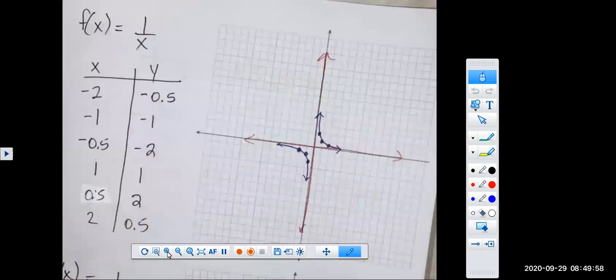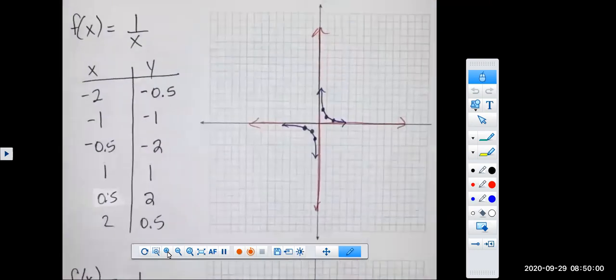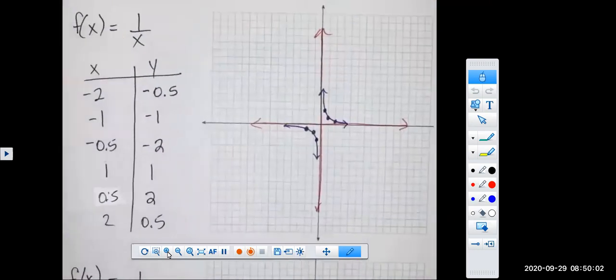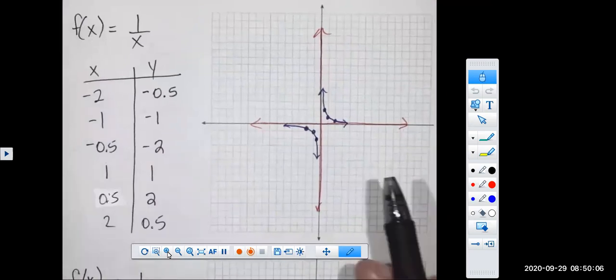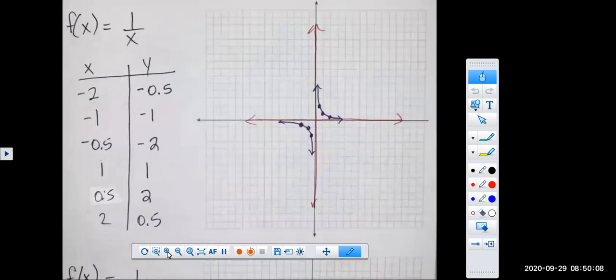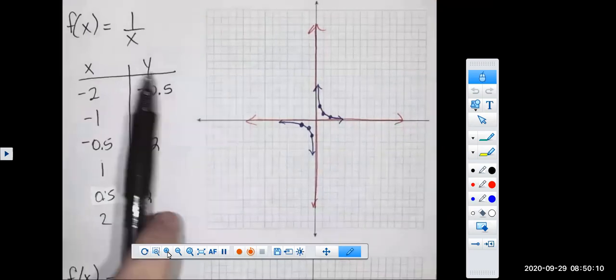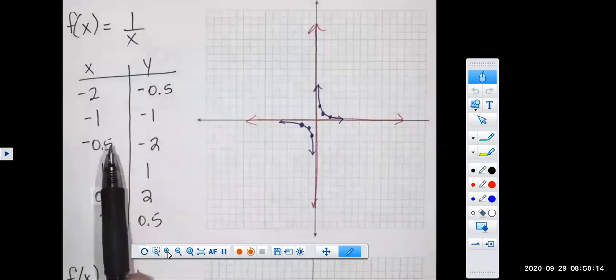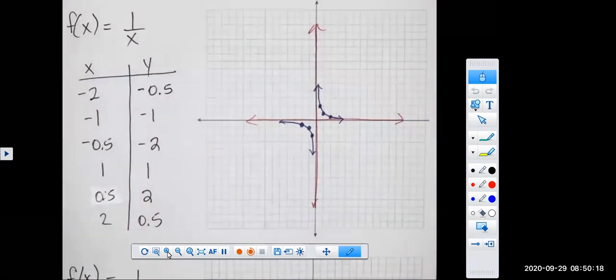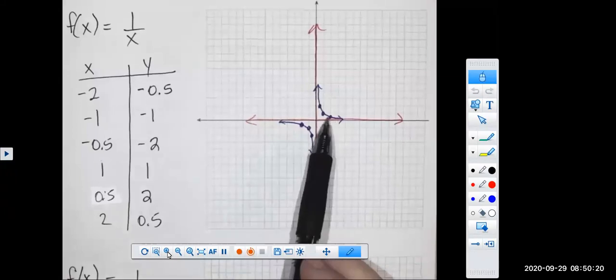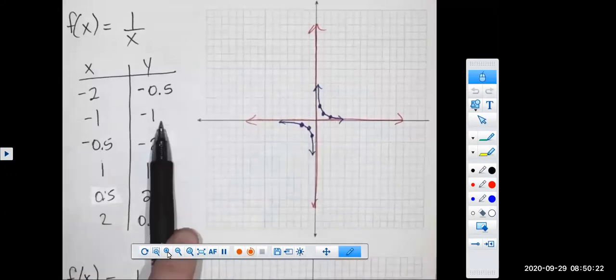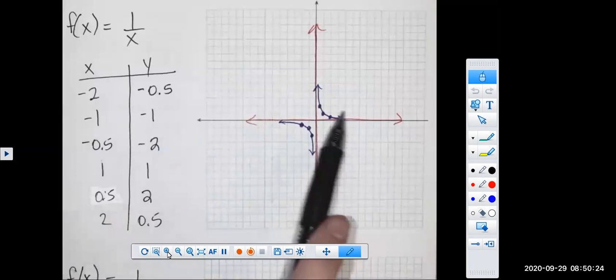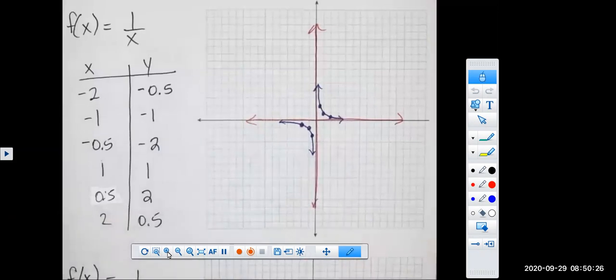Okay, so the first one that we're going to look at is 1 over x. You graphed these last year in Algebra 2 trig. I don't know if you remember a lot about them, but to get your basic parent graph, I just chose to plug in -2, -1, -1/2, 1, 1/2, and 2. And you get points, of course, at (-1, -1), (1, 1), and so on to form those two distinct branches of your graph.